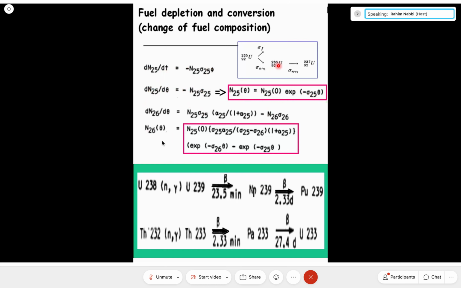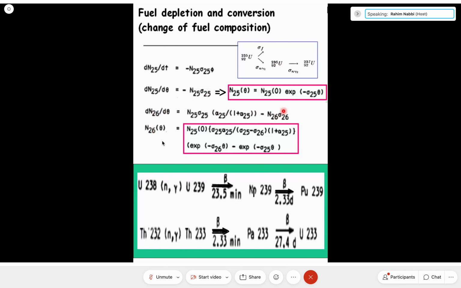Coming out because of the absorption process. What about that? In this case, we have the equation here. We have a production term and a minus term.